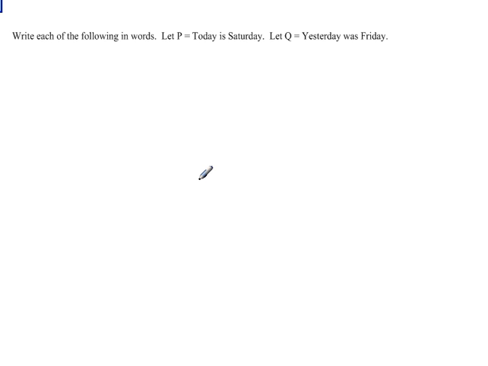Okay, this last type of problem you'll find in this section's homework is where you're given a statement for P which says today is Saturday, Q says yesterday was Friday, and you're to write some symbols from symbol form to sentence form. So the first example we'll do is just a basic one, P conjunction Q. If P is today is Saturday, then we'll replace P with that statement, today is Saturday.